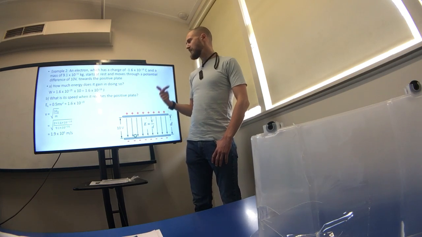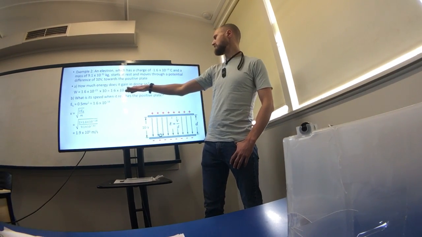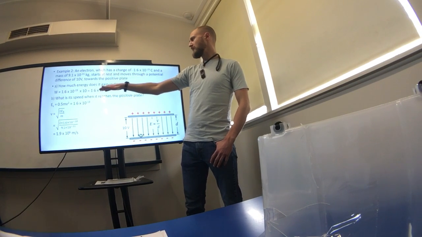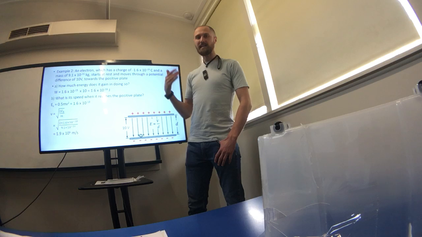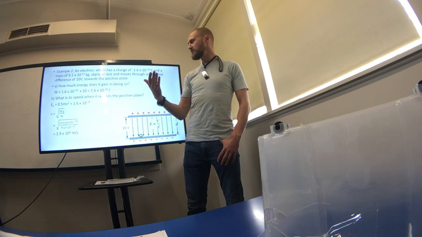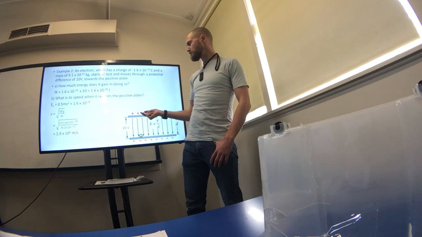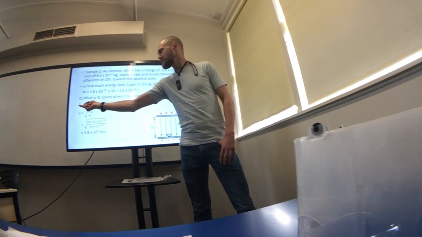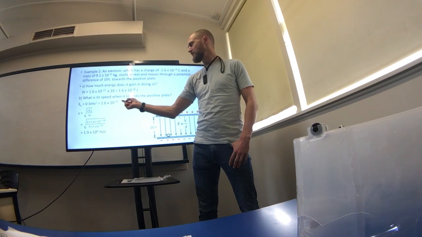To calculate that, I'm just going to say that it's got this much energy, assuming it starts from rest, which it tells you it does. It's got this much energy by the time it reaches the positive plate. That energy is going to take the form of kinetic energy. So all this energy that it's gained in its movement, it's going to have as kinetic energy. So I know its kinetic energy is 1.6 times 10 to the negative 18 joules.